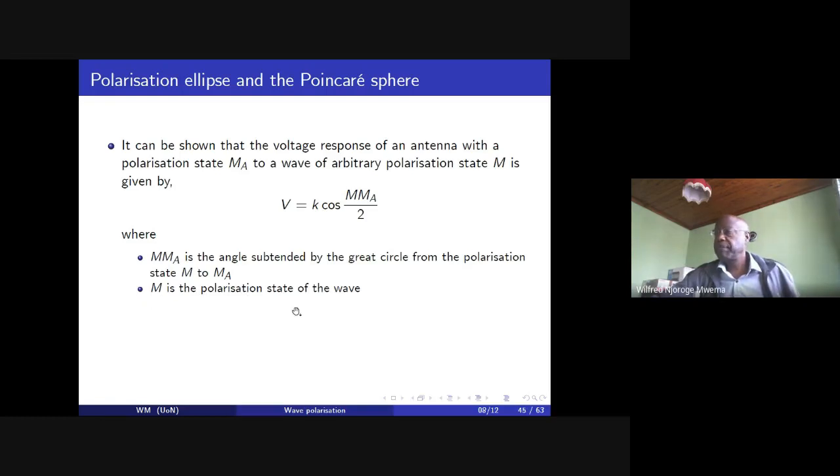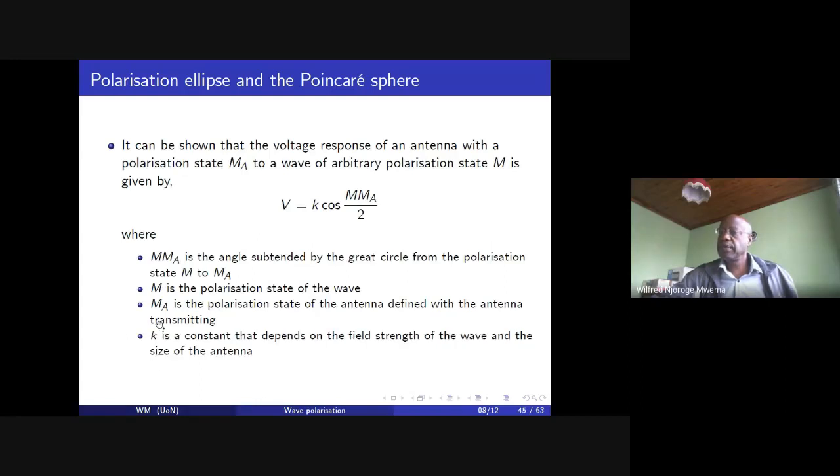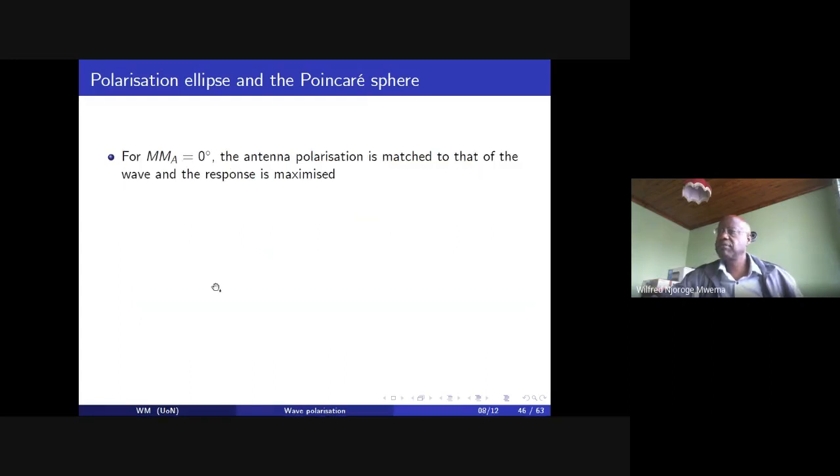And M is the polarization state of the actual wave, MA the polarization state of the antenna as given above, and this is defined with the antenna as radiating rather than receiving. So K is a constant that will depend on the field strength of the wave and the size of the antenna. We shall see when we deal with antennas next semester that the physical size of an antenna may be different from its electrical size.